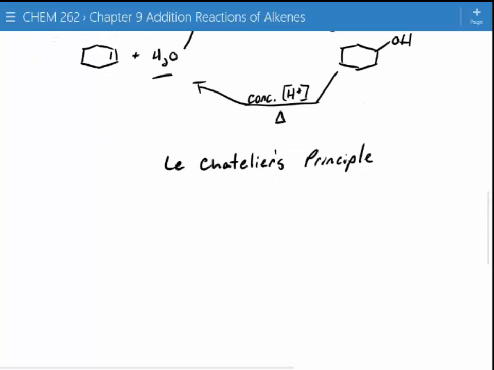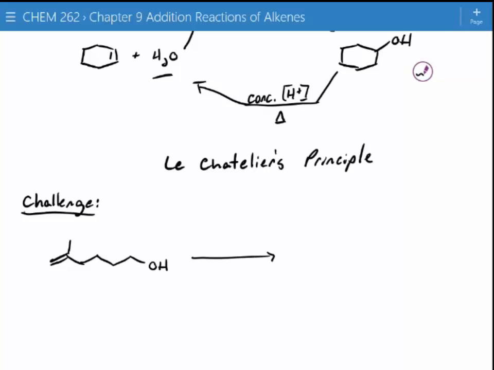All right, for those of you that want a really interesting example of this problem, I saw a good one in the book, and I'll let you work on it tonight if you want, and you can stop by my office or talk to me tomorrow about it. But let's take this alkene. Treat it with dilute acid.